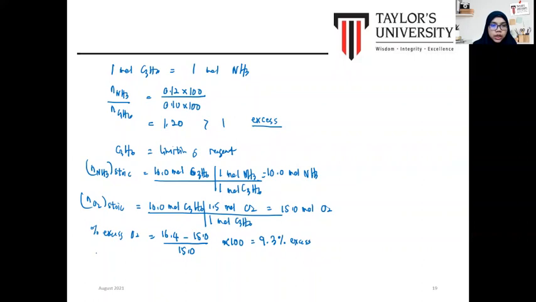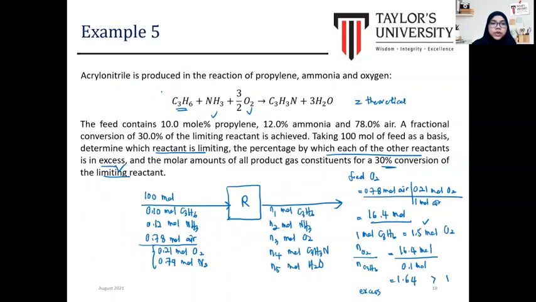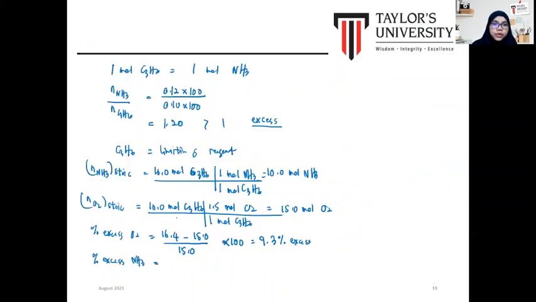Same goes for excess ammonia. Based on the actual amount, we have 12.0 minus the calculated 10.0, over 10.0, times 100%. So we have about 20% excess of ammonia.